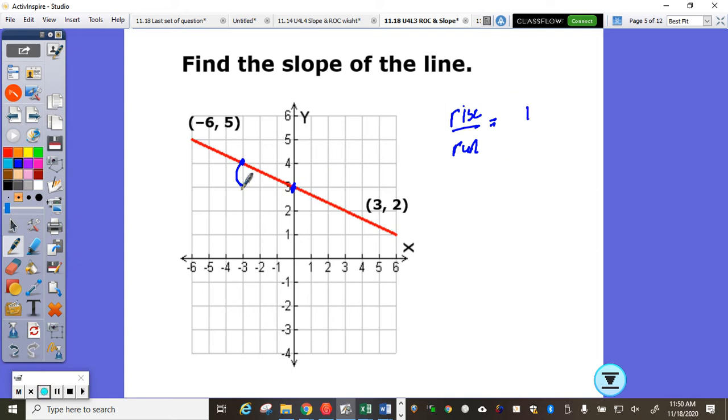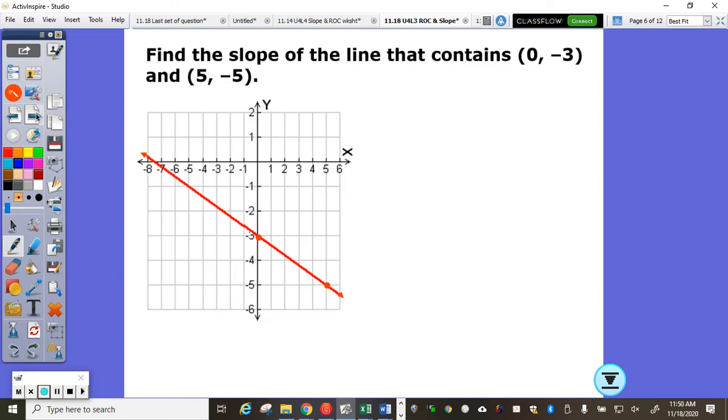Your run, to go from this point to this point, is 3. And then you step back and you ask yourself a very difficult question. Does this line go up or down? And it goes down, so therefore it's negative. And that's it. Don't get caught into the trap of this whole up is positive, negative, that kind of stuff. Don't do it. Okay? Just do your rise over run and ask if it goes positive, negative, like you read, left to right.